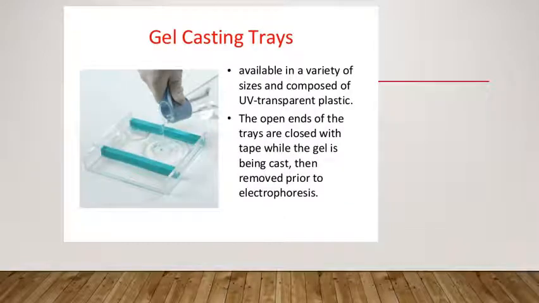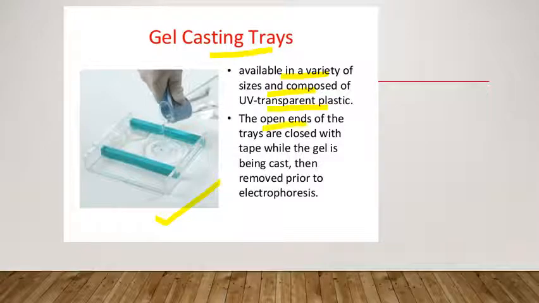The gel electrophoresis is carried out in gel casting trays, and you are able to see this type of gel casting tray used. It is available in a variety of sizes, composed of UV transparent plastic.